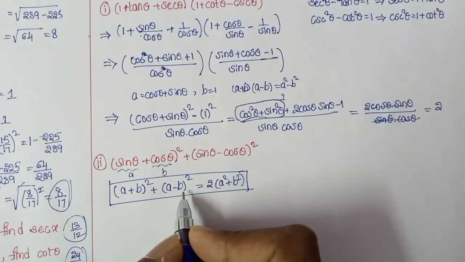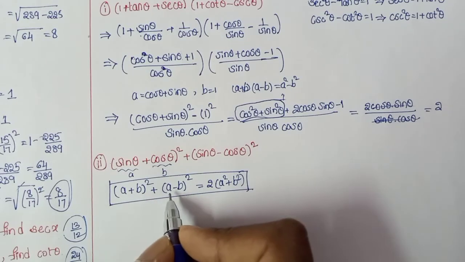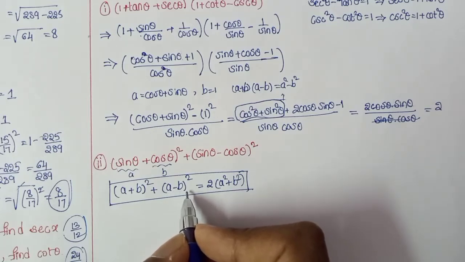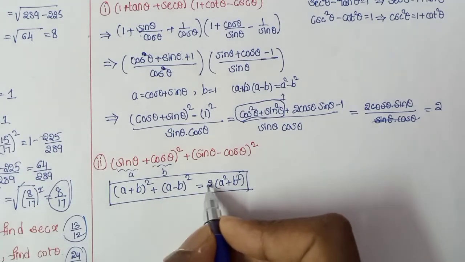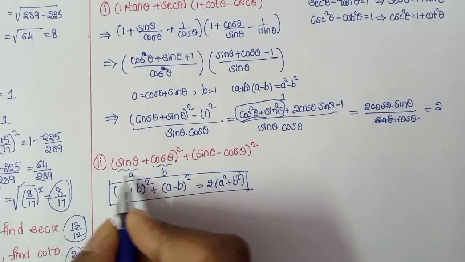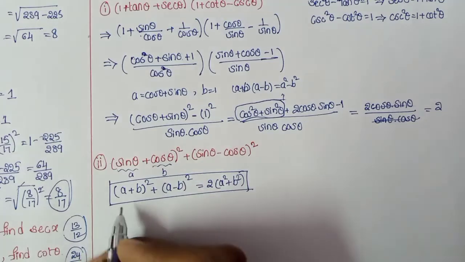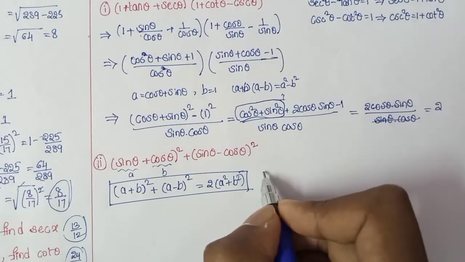Plus 2AB and minus 2AB get cancelled, and you are left with A square plus B square here, and here also A square plus B square. So if you sum up the two, you get 2 times (A square plus B square). So compare this to A and B, and here also you can write the same equation.